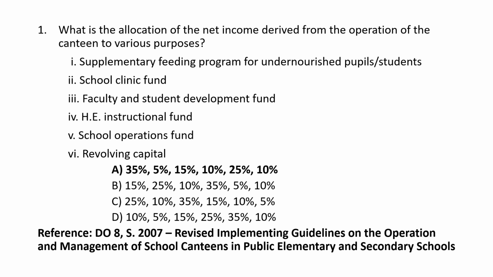And the reference is DepEd Order number 8, series of 2007, which is the revised implementing guidelines on the operation and management of school canteens in public elementary and secondary schools.